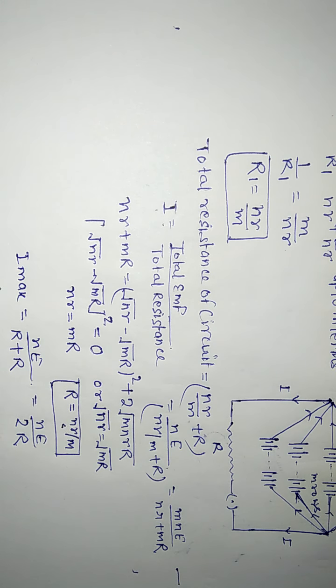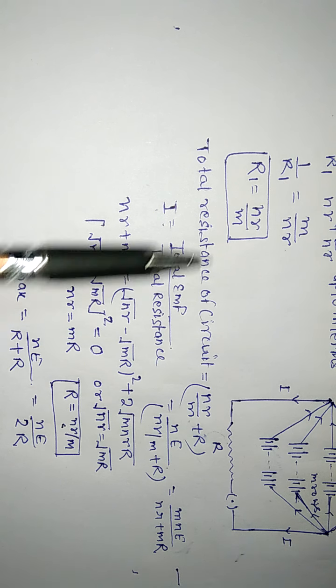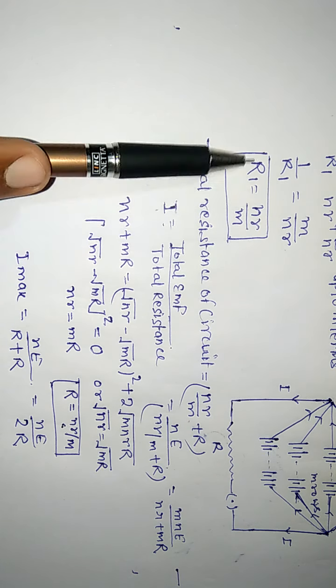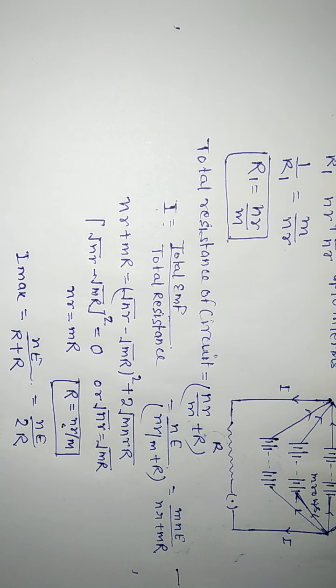This is the value of maximum current. This means in mixed grouping, the current in the external circuit will be maximum when the internal resistance of the battery is equal to the external resistance, and the value of maximum current will be equal to nE upon 2R.